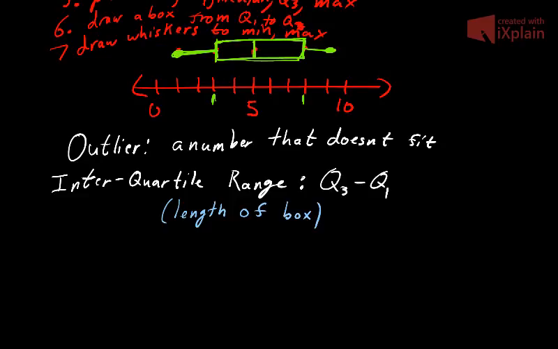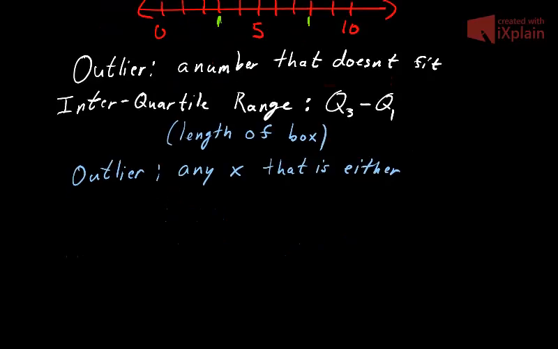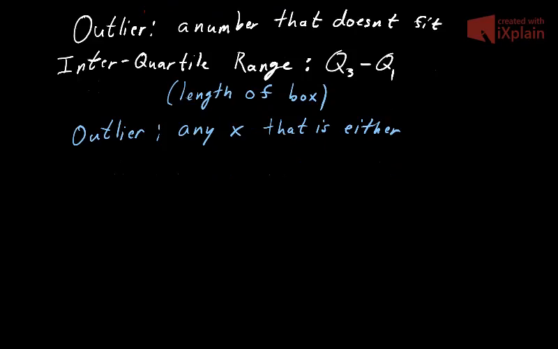And an outlier is going to be now any x value that is either, and I'm just going to write this as math because writing out the words would take a very long time.